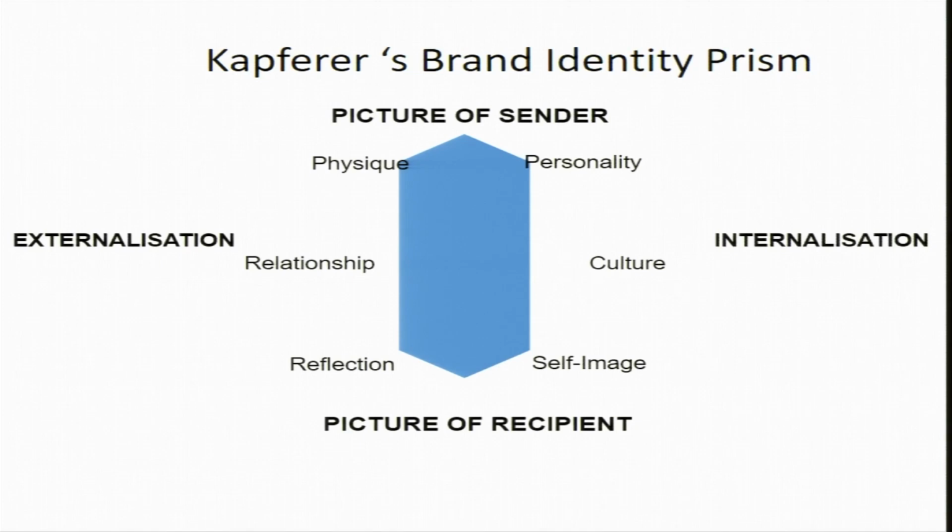At the top, the internal side is personality and the external side is physique. Now, external is that which appears to the customer. You may recollect that in the brand iceberg there was some part of the iceberg above the water and some part below the water. This physique is nothing but that which is above the water, that which is seen easily, without much effort.